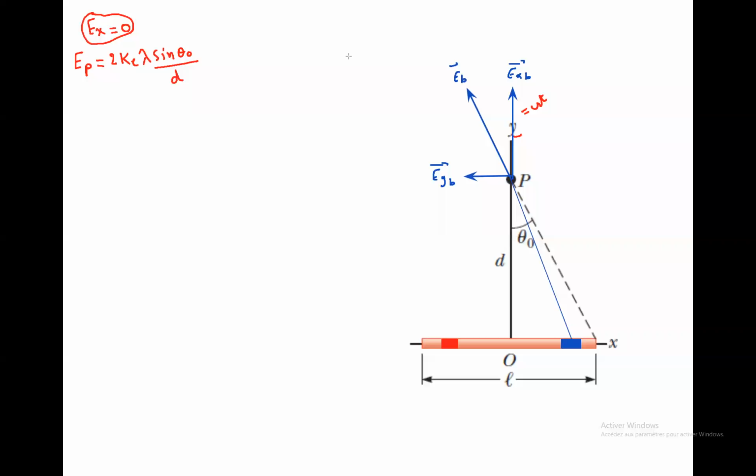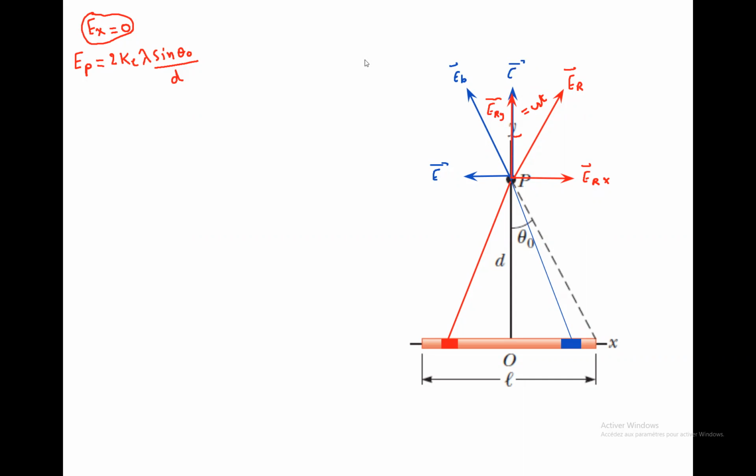For the red, we have E red with two components, an EX component and an EY component. Here E red X component, and here E red Y component.